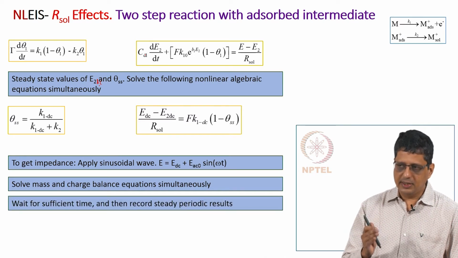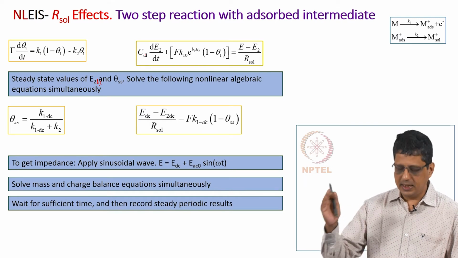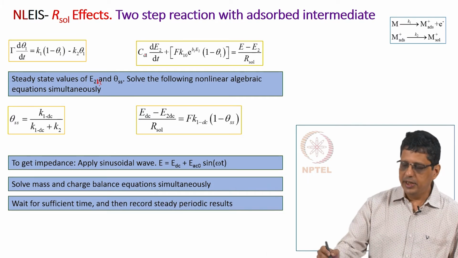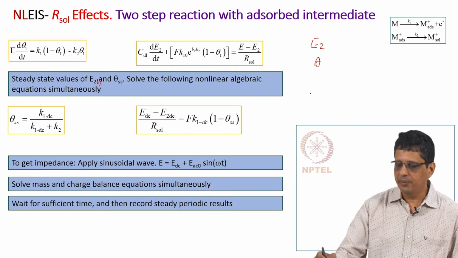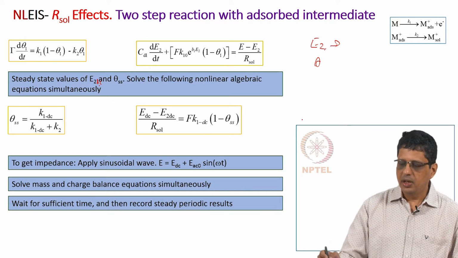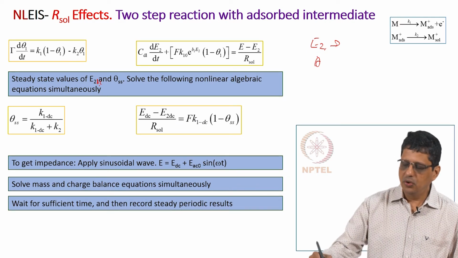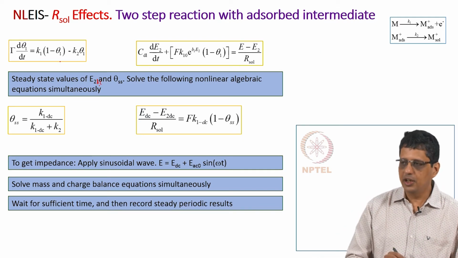Again, you have to see how long it takes for it to stabilize, wait for sufficient time and then take steady periodic results and record them. You get a value of E 2 as a function of time, theta as a function of time. We need only E 2 to calculate E 1 and we need only E 1 to calculate current. We do not need to use the theta, but we will have to integrate them together to get the value of E 2.